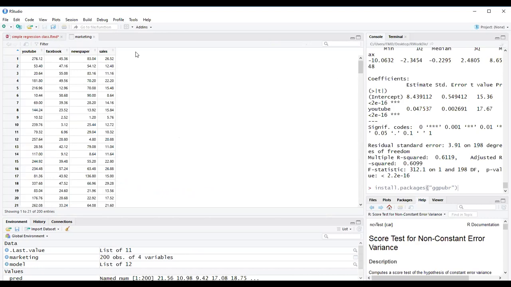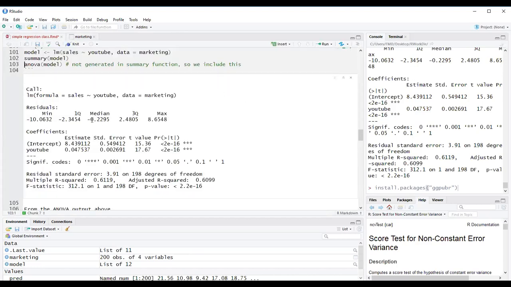The difference between your actual sales and your predicted value is your residuals, which we're going to show in a while. So the minimum of your residuals, the first quartile, and the maximum are these. Those just give us some values about your residuals.